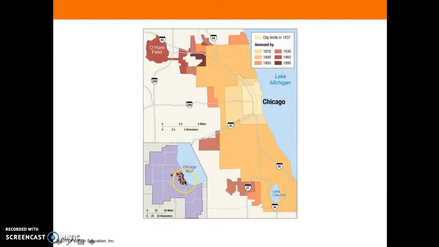So if you're looking at the MSA, the Metropolitan Statistical Area. If you're looking at annexation, here was the original city of Chicago. Here it is in 1870, 1890, 1900, 1960, and then 1990. And you can see why Burgess would have maybe given it that concentric zone model.